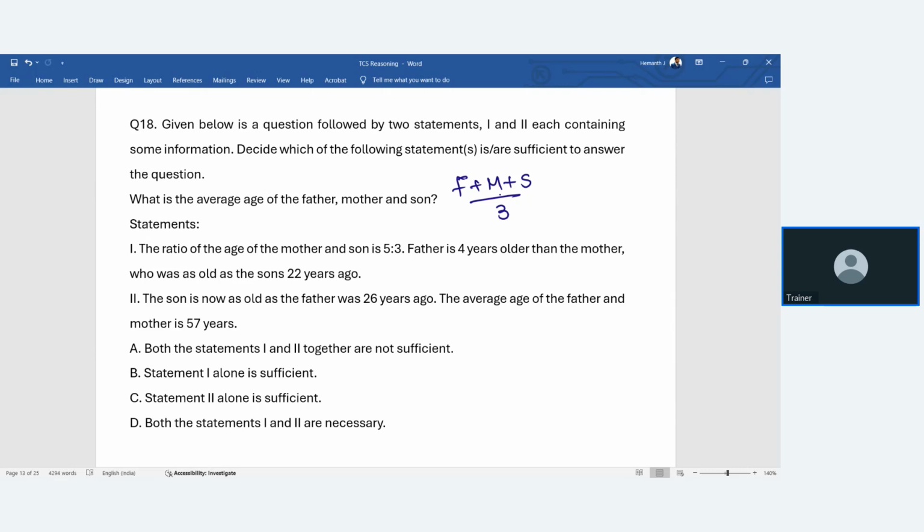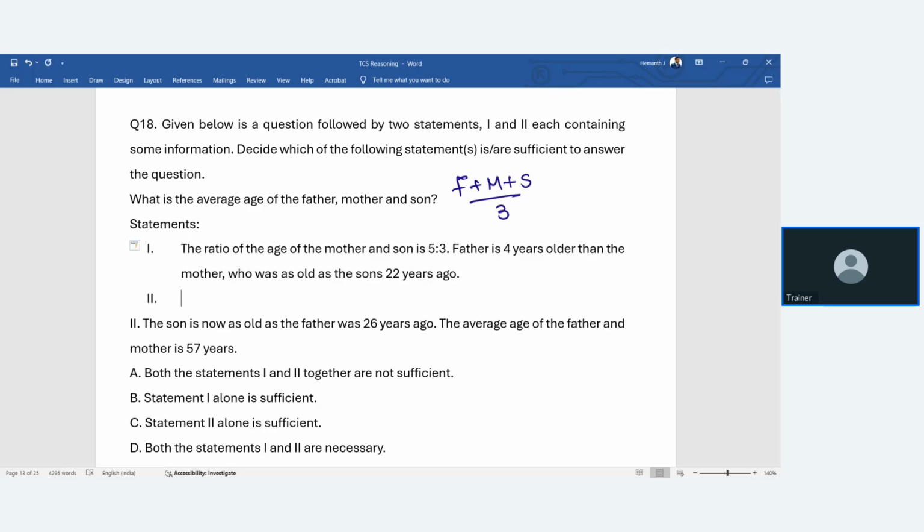Which data is required to answer this question? Always try one alone, then two alone. If not possible, then only go for together. That's our basic criteria, right?